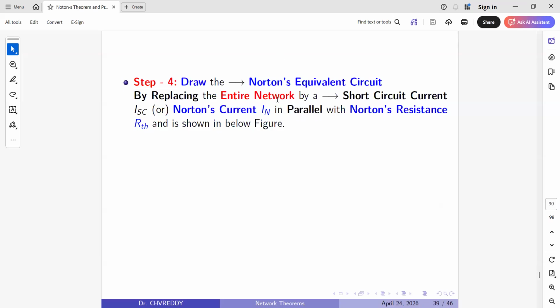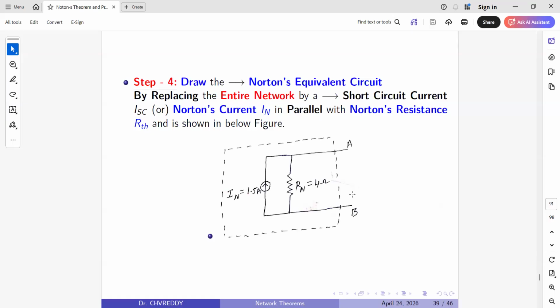By replacing the entire network by a Norton's current or short circuit current in parallel with the Norton's resistance. And it is shown in the below figure. So this is the equivalent circuit. Already we calculated the Norton's current, that is 1.5 amps, as well as the Norton's resistance, that is 4 ohm.